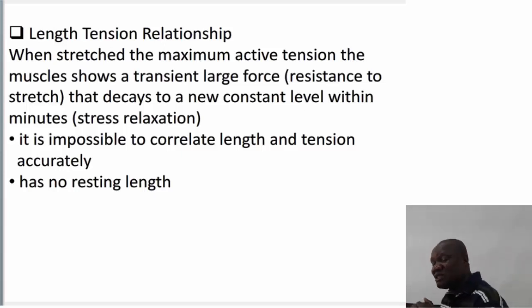Now, this exists in the cardiac and skeletal muscle. This relationship does not exist in smooth muscle. Now, if smooth muscle is stretched to a certain limit and length, tension develops, but the tension eases off. So you cannot have a relationship between length and tension, unlike that of cardiac and skeletal muscle.